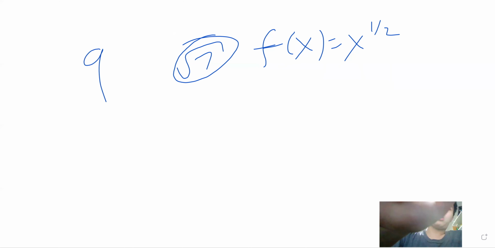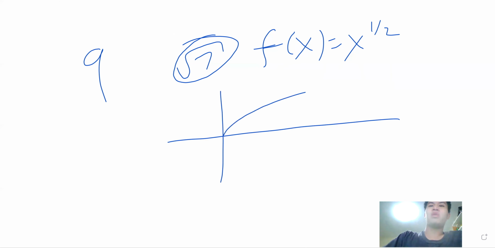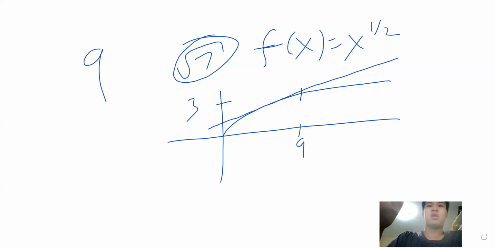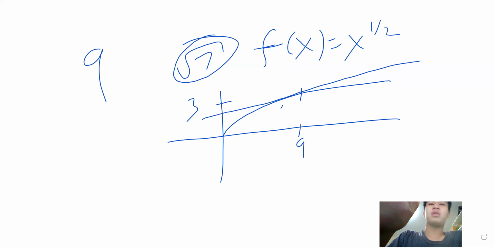So we can use the square root of x and the point 9, 3, and draw the tangent line. We can use the slope of this tangent line to approximate the square root of 7.